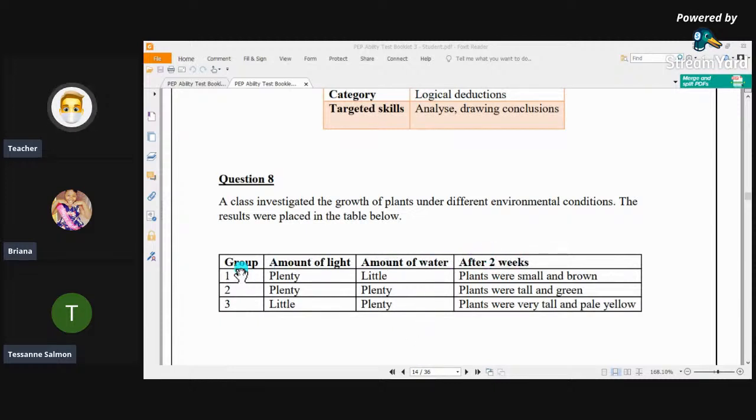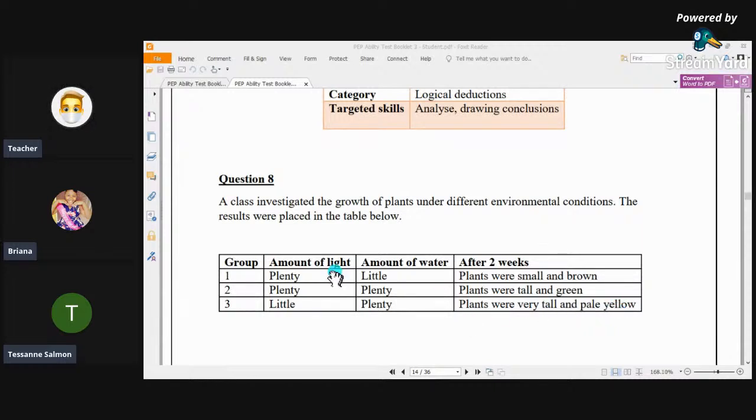Group 1 got plenty of light, a little water, and after 2 weeks the plants were small and brown. Group 2 got plenty of light, plenty of water, and the plants were tall and green. Group 3 had a little light but plenty of water, and the plants were very tall and pale yellow.